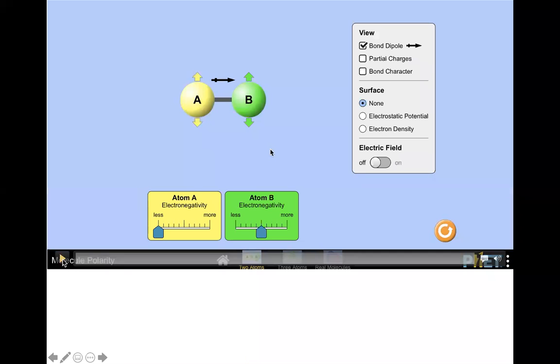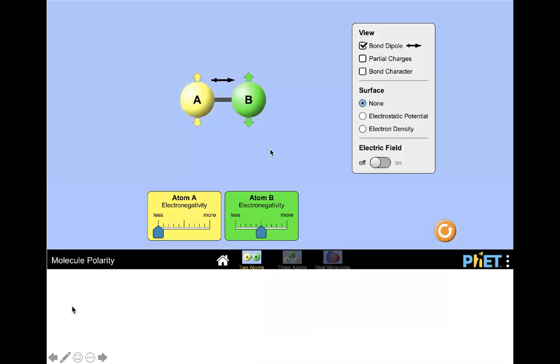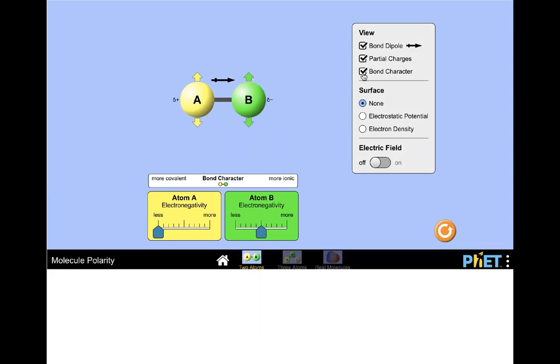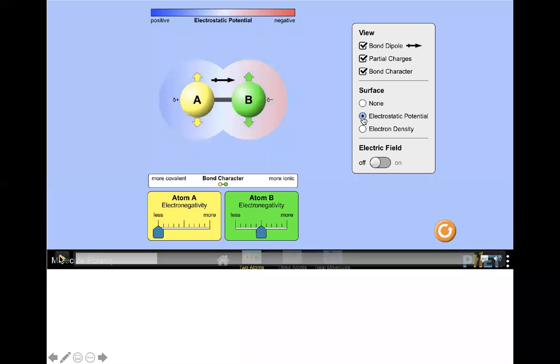So I'm going to manipulate this a little bit. To begin with, I'm going to turn on a few different features in the sim. Okay, so what I've just turned on right there, bond dipole, that corresponds to this arrow.